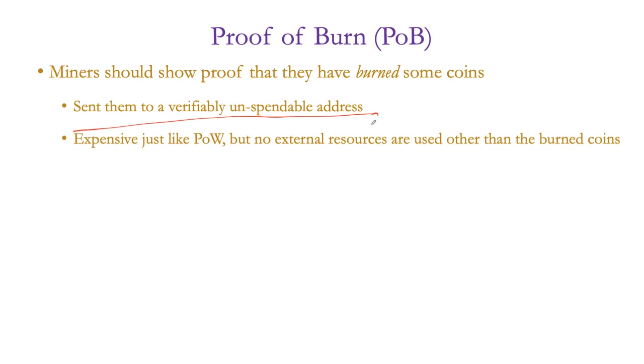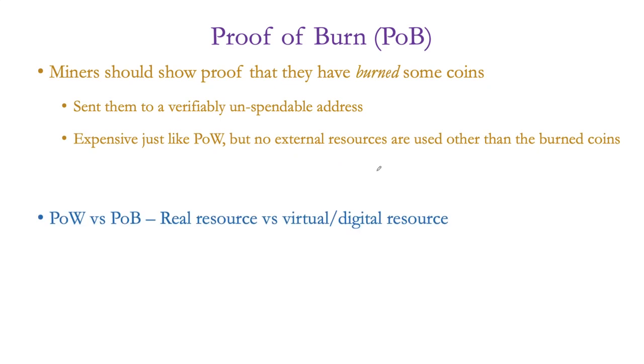It is just like proof of work, but no external resources are used, only the burned coins. So this is also again one kind of freezing type. So it is proof of work versus proof of burn: real resources versus virtual or digital currencies. You created a digital currency and you froze it.